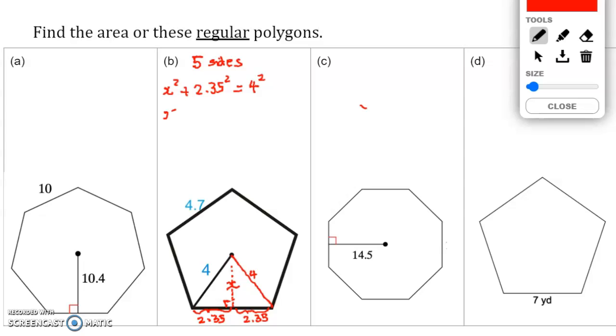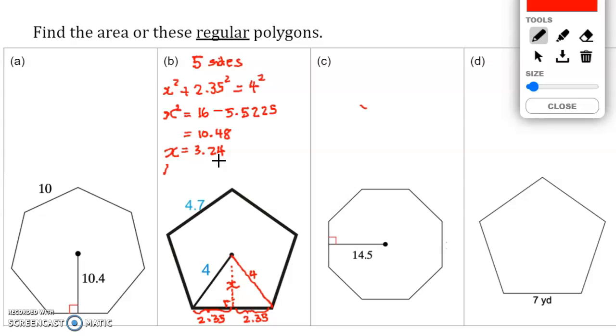So x squared is going to be 4 squared, which is 16, minus 2.35 squared. 2.35 squared is 5.5225, and subtract that from 16, I get 10.4775, and take the square root of 10.4775, and I get x to be 3.24. So I found the apothem to be 3.24 approximately.